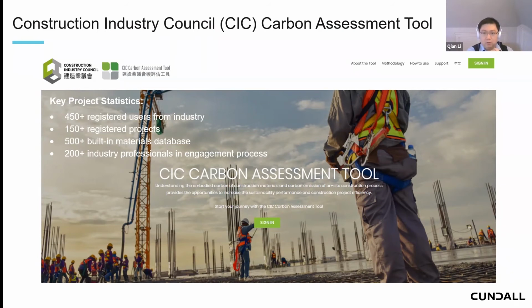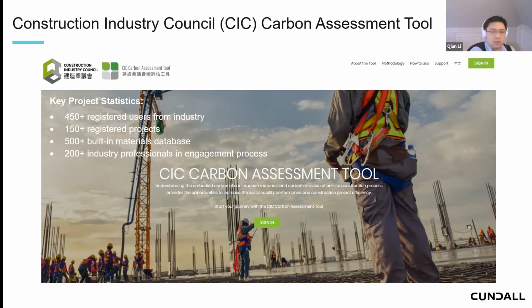We updated the database to reflect as much as we could the local condition of Hong Kong when the material arrives. And this has been quite a successful launch. We got over 500 materials in the database, and also over 150 projects registered or data being implemented.